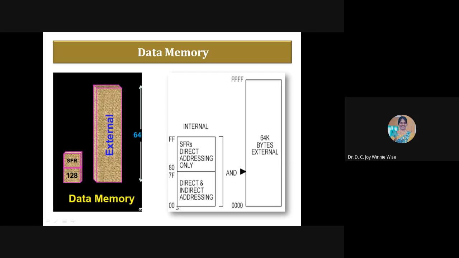In this data memory, the address can be 8-bit and also 16-bit. Here in the internal memory we have 00 to 7F and 80 to FF. This is an 8-bit representation.